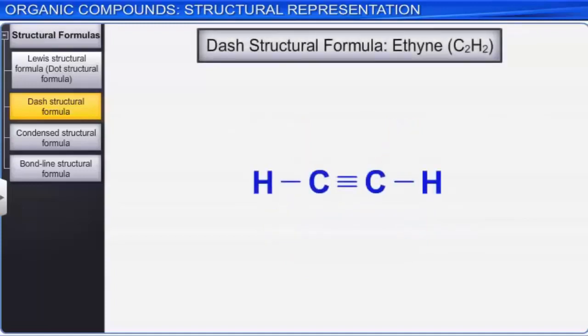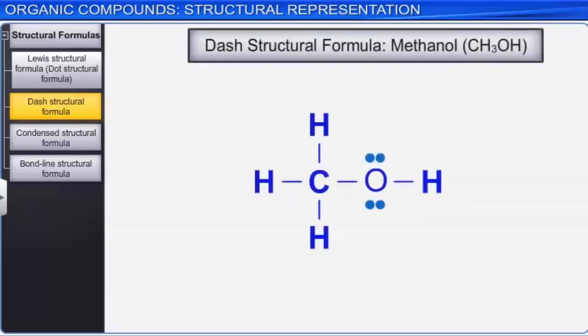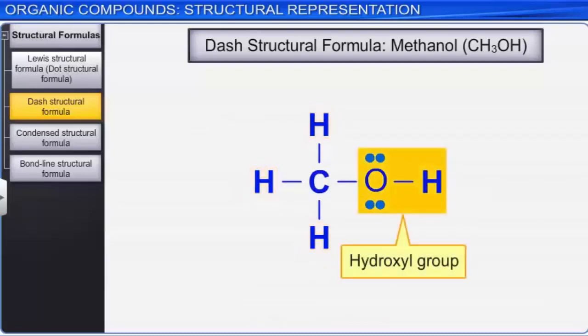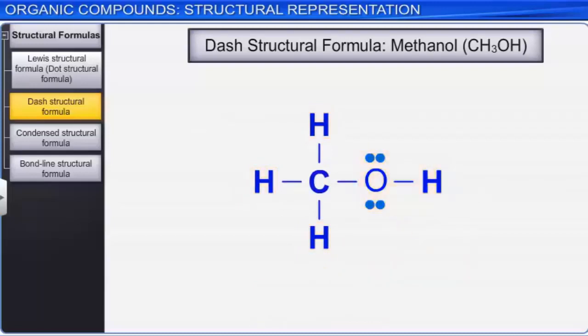In ethyne, 2 atoms of carbon are connected with a triple bond, and 1 hydrogen atom is attached to each carbon by a single bond. In methanol, carbon is attached to 3 hydrogen atoms and 1 hydroxyl group. 2 lone pairs of electrons present on the oxygen atom of hydroxyl group are represented as shown here.